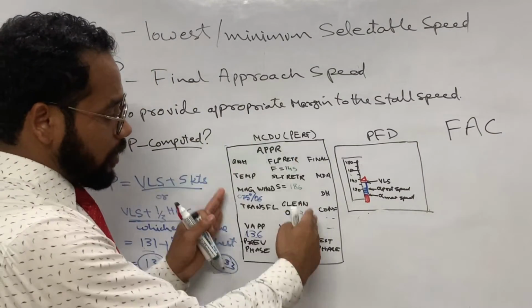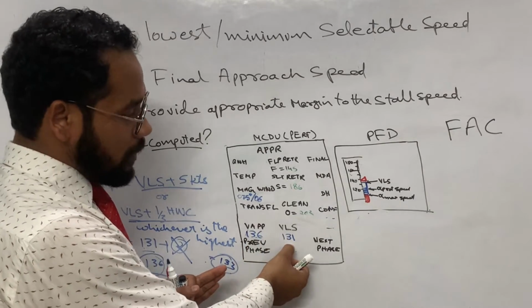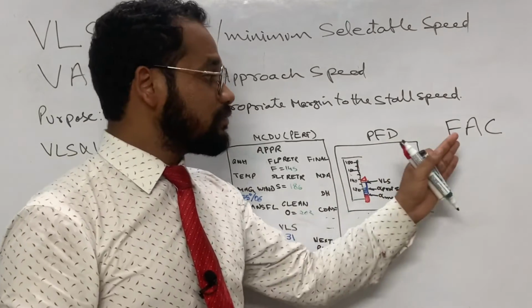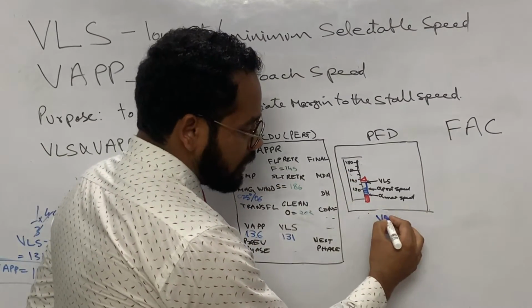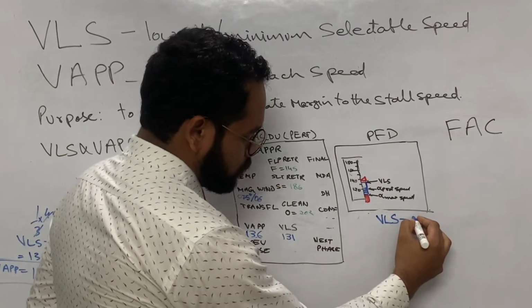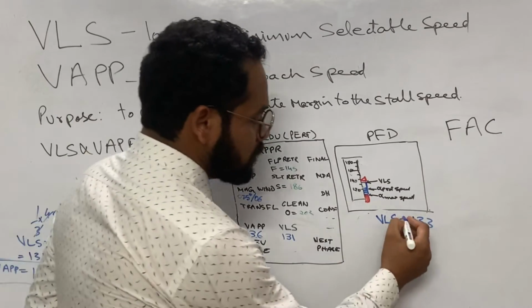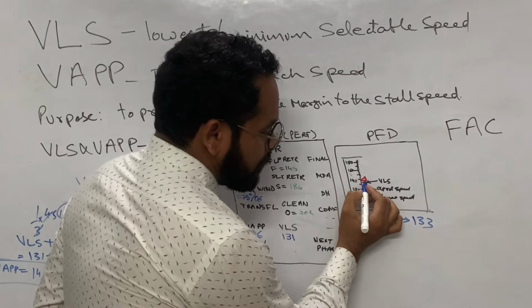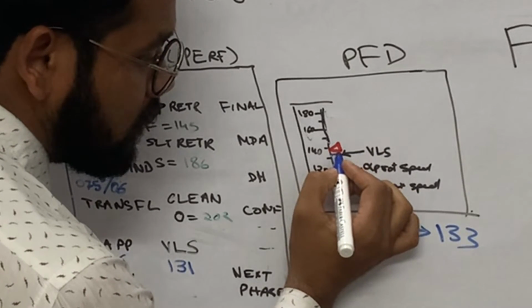Now in this scenario, you have this data on the MCDU with the approach speed and VLS being this and this. Suppose that because of some computation, the VLS has been calculated to be 133. So this 133 will be indicated here by means of the top of this amber strip.